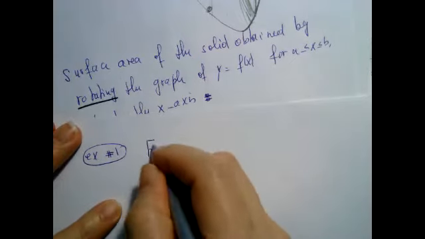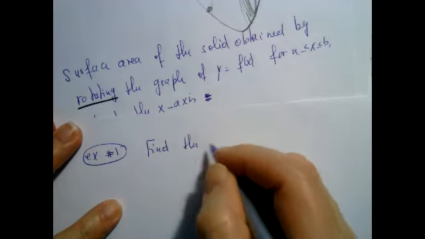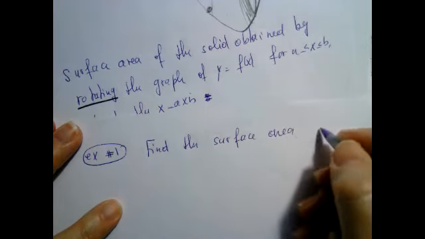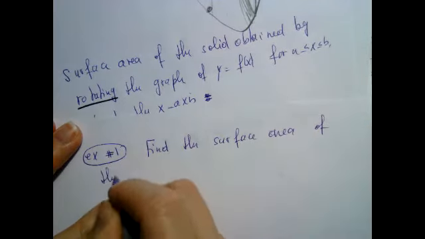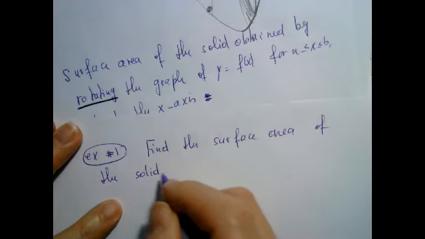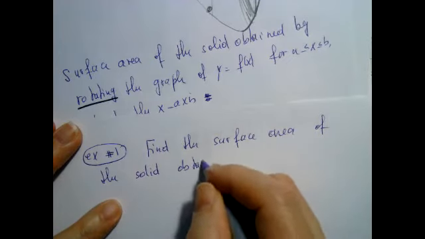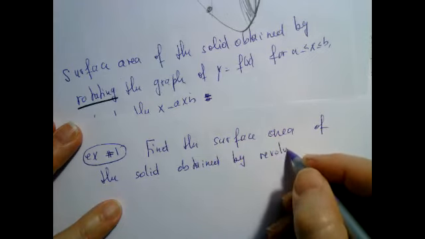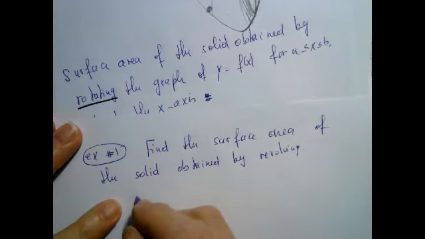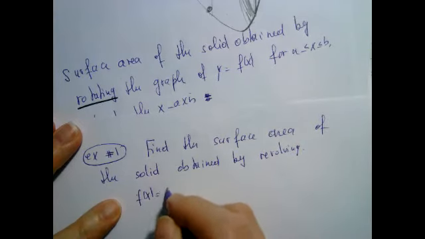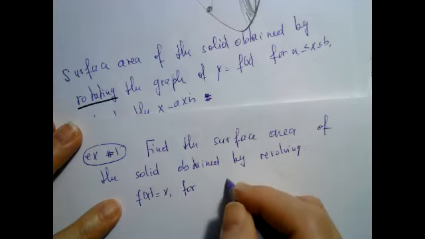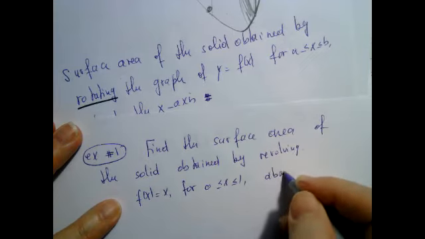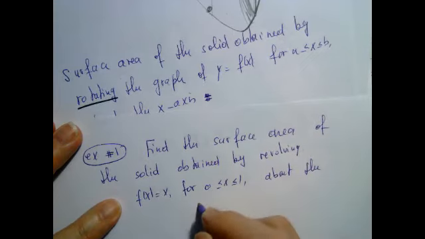Find the surface area of the solid obtained by revolving y equals x, or f of x equals x, for x between 0 and 1 about the x-axis.